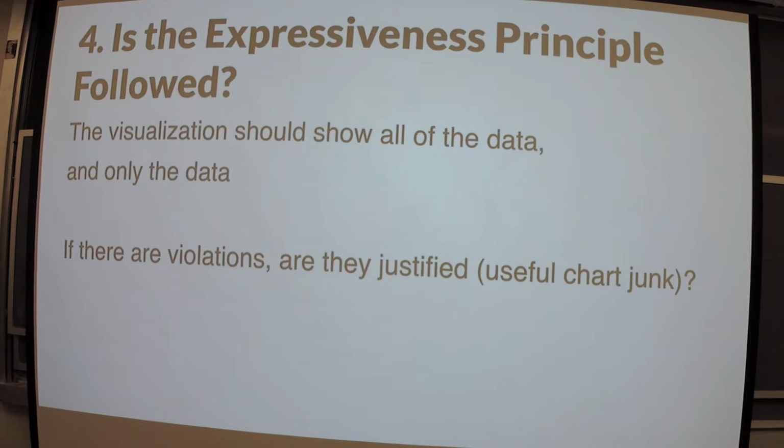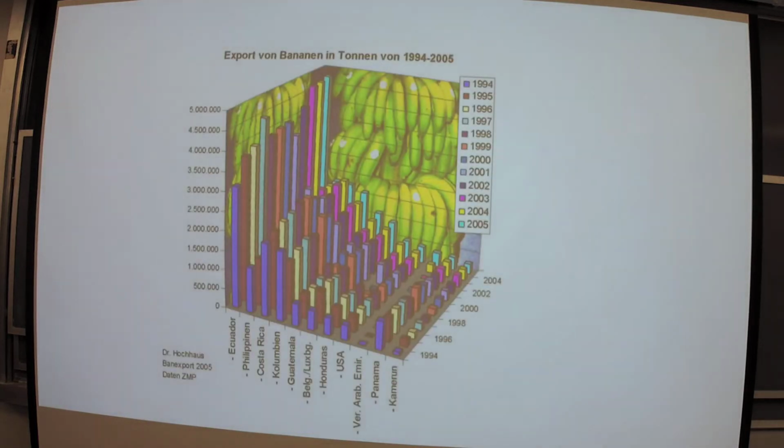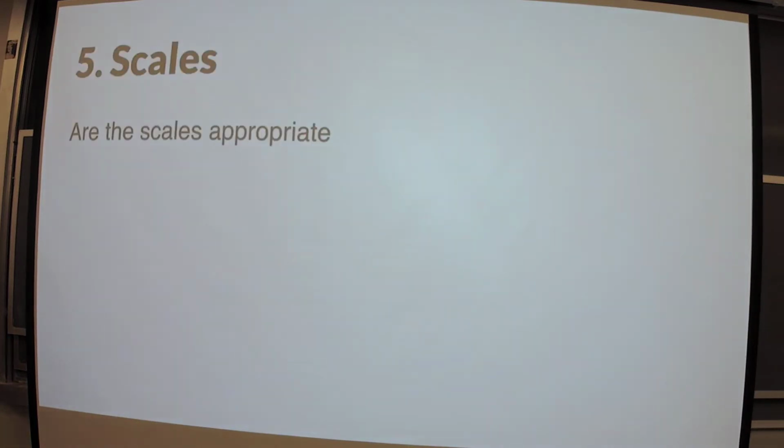So there can be good reasons to add extraneous elements, but then we had this example where we have extraneous elements, and it doesn't make it a better chart because of that. You should never sacrifice readability to a large degree for just a graphical effect.